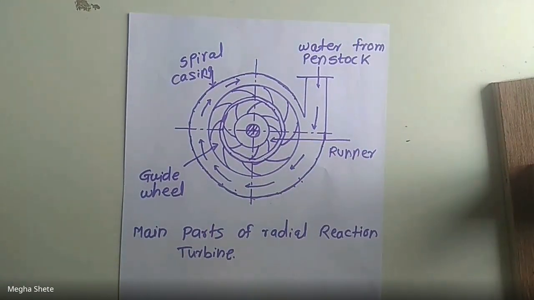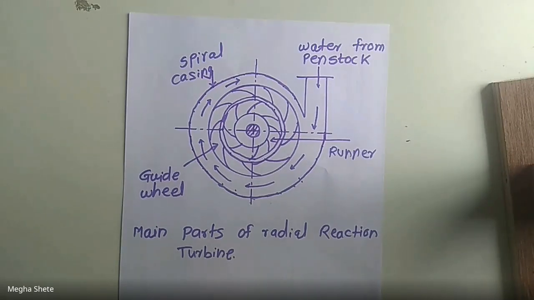The casing completely surrounds the runner of the turbine. The casing is of spiral shape so that water may enter the runner at constant velocity throughout the circumference of the runner. The casing is made up of concrete, cast steel or plate steel.